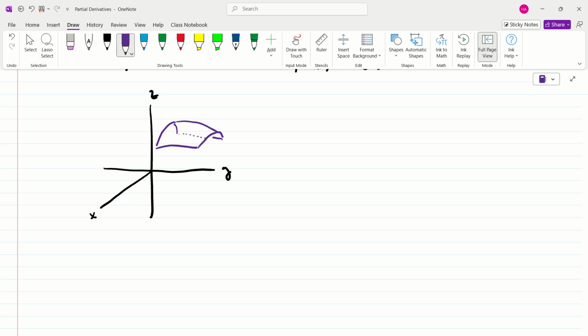And suppose you were doing your analysis at a comma b. So suppose that you went out a units this way, b units that way, and you were going to consider this point right here, which would be your f of a comma b.